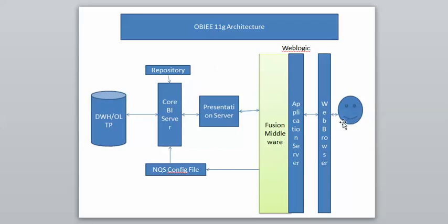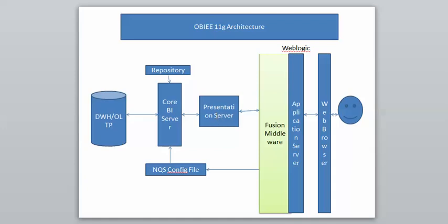Whenever a user logs in to his user account through a web browser, the OBI web interface, that is the analytics page, and tries to see his dashboard, it will internally communicate with the application server, which is the WebLogic application server, which communicates with the Fusion middleware, which in turn communicates with the presentation server.